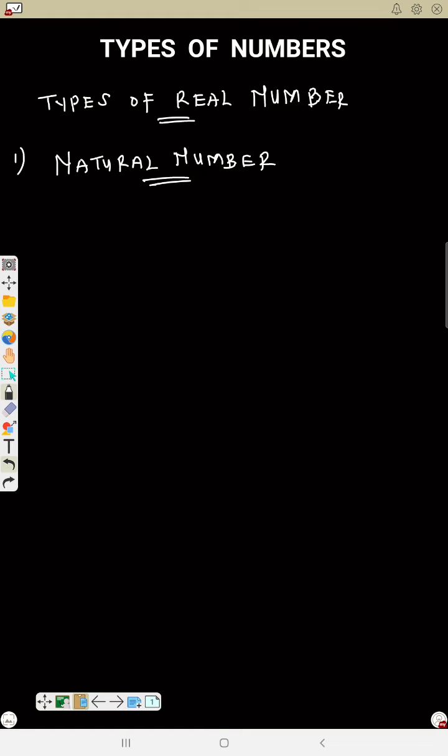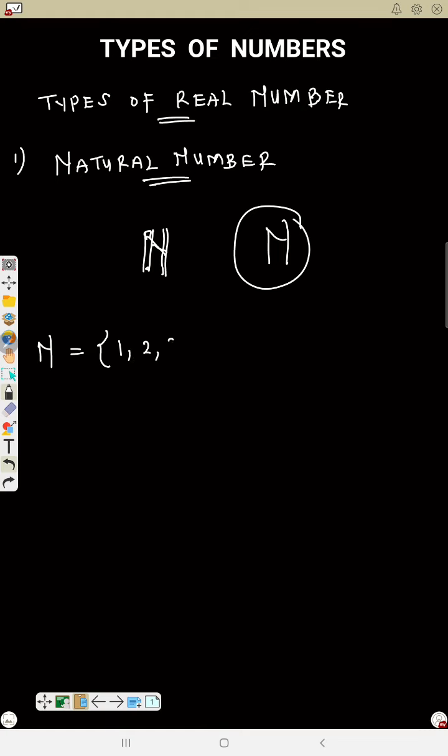The set of natural numbers is represented by N. So if you see N, you should know this is the set of natural numbers. So I can say the set N is 1, 2, 3, 4, 5, dot, dot, dot.